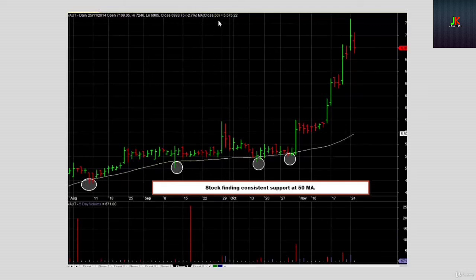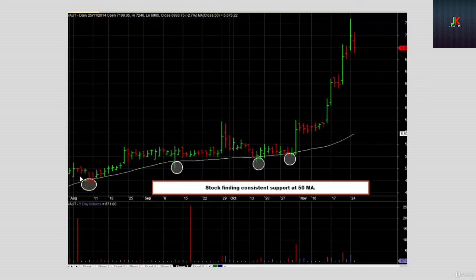Since it's a 50-day moving average, it is a bit less flexible compared to a 20-day moving average, as it considers a larger set of data to calculate its own value.